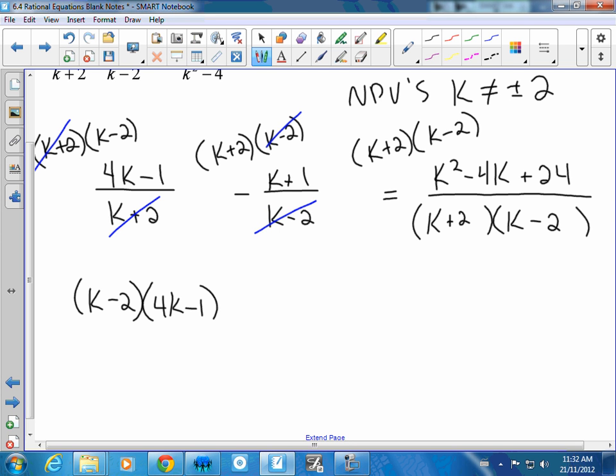Okay, so negative, what is it? k plus 1 and k plus 2. Now, you've got to be careful of that. You're going to FOIL that, and then you're going to have to distribute that negative. Equals, what about these ones? Nice, that one works out really well. Equals k squared minus 4k plus 24.